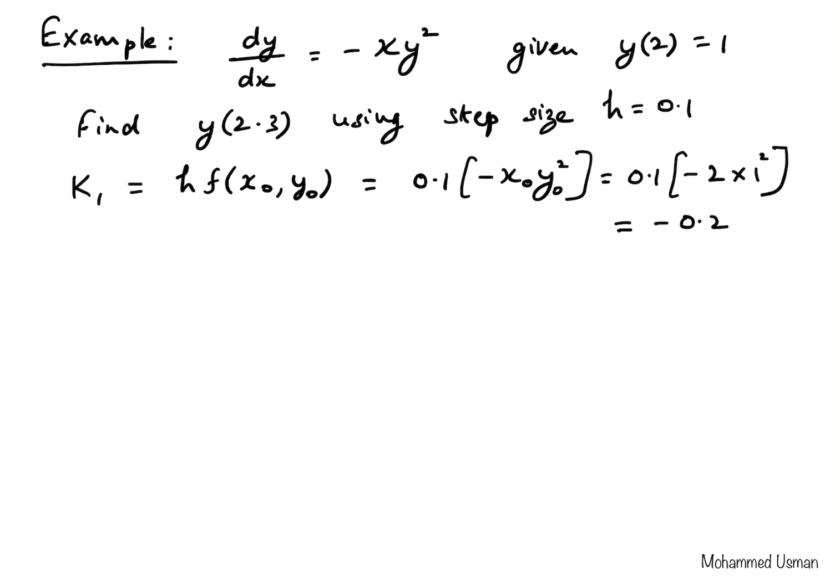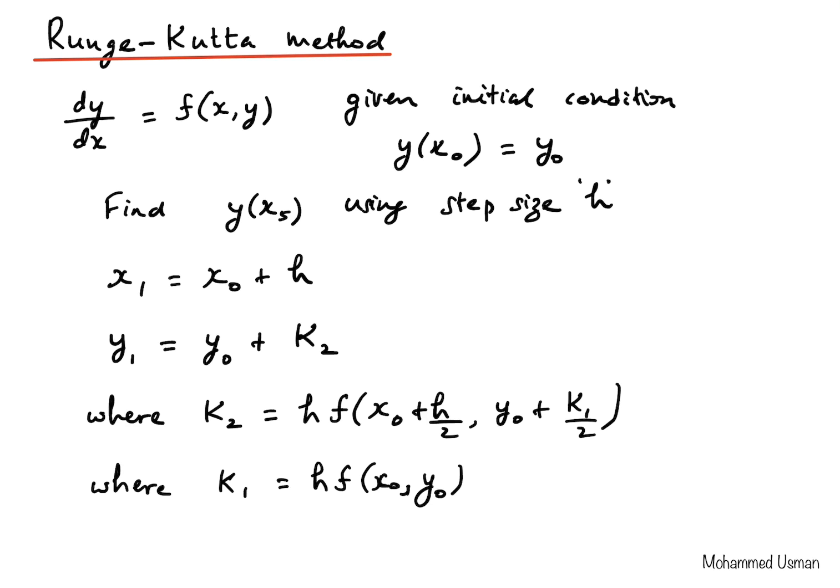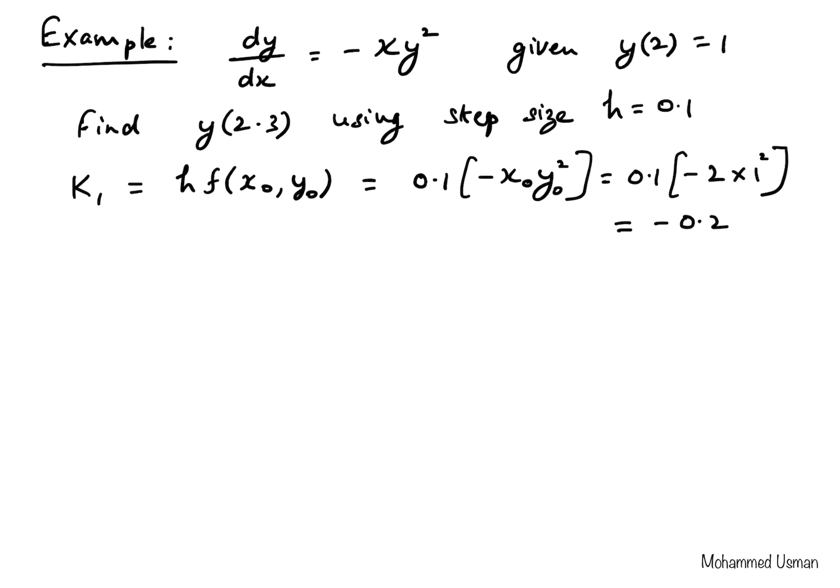Next we are going to compute k2. To compute k2, we need to first find the slope of the function at x0 plus h by 2 and y0 plus k1 by 2, and then multiply it with h. So we will compute that slope first of all.